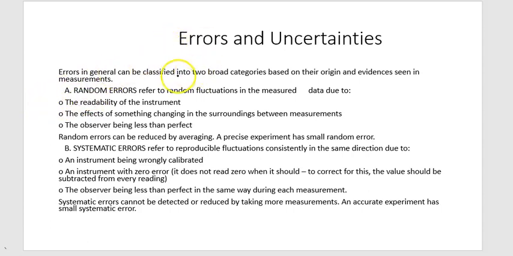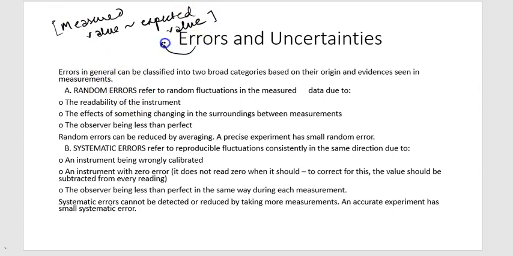Errors, like we said, were the difference between the measured value and the expected value, which can be a universally accepted theoretical value or a literature value, as we call it.